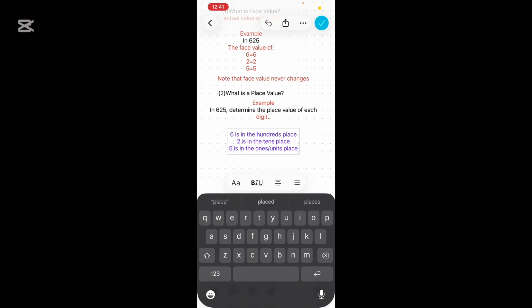So that is the place value of 6, 2, and 5 in the number 625.